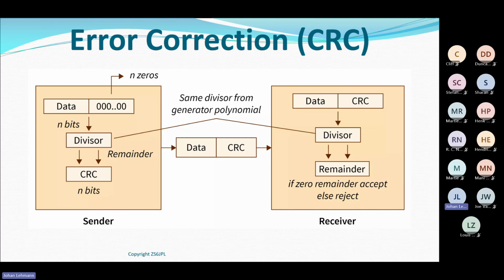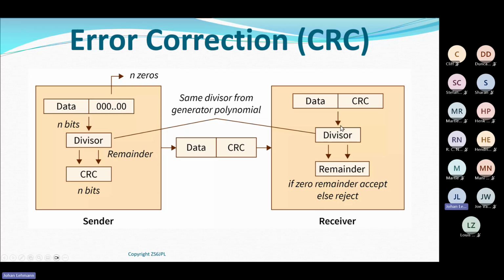So my software, and in this case, we both have to use the same software, or we have to use the same source code. I take all the zeros, I manipulate them with the divisor, and I get a checksum, a CRC. Okay.